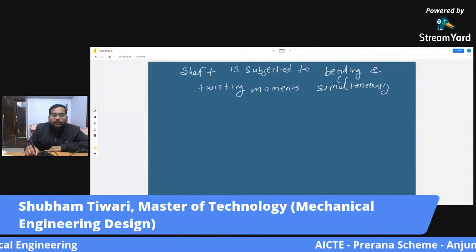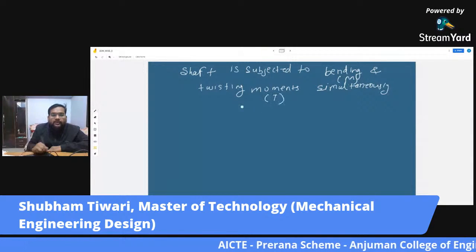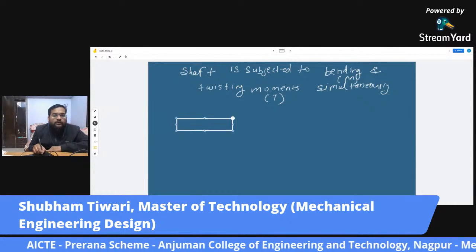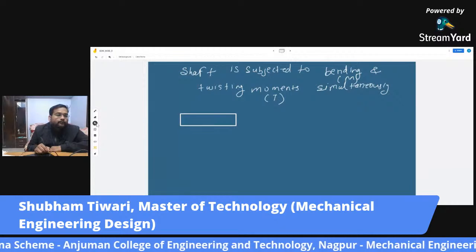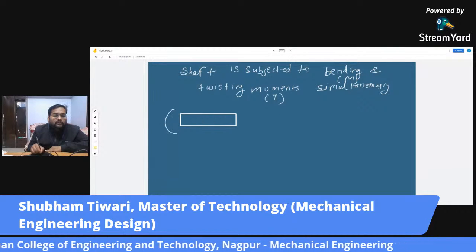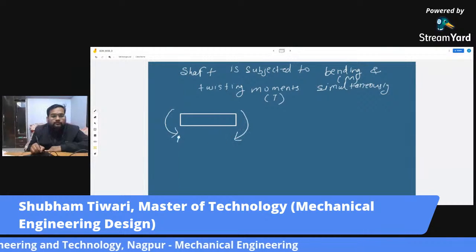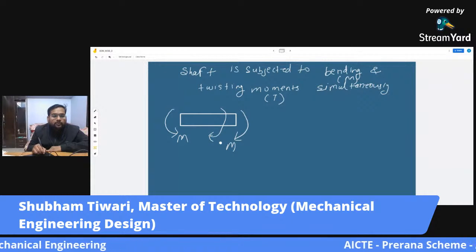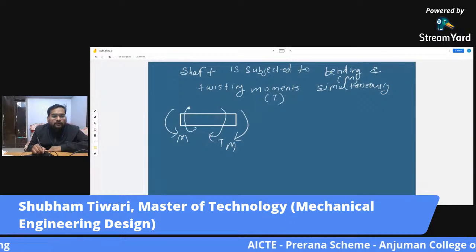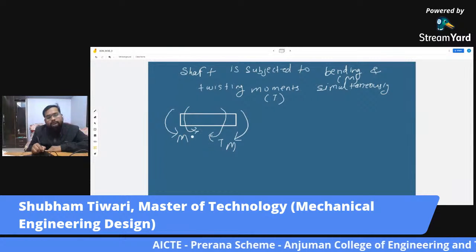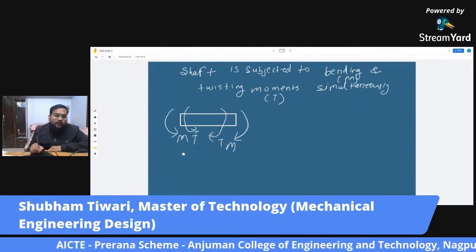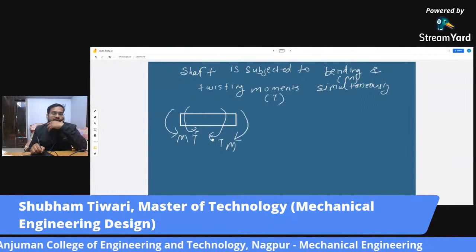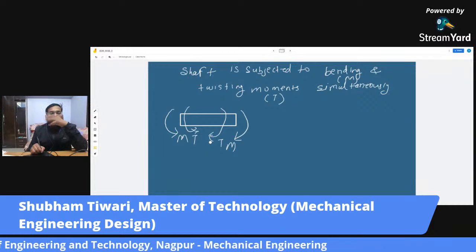Bending moment is your M and twisting moment is T. So let me draw this diagram. So this will be your bending moment M, and this will be your twisting moment T. Fine. So if both of these moments are applied, how should we design this shaft then?